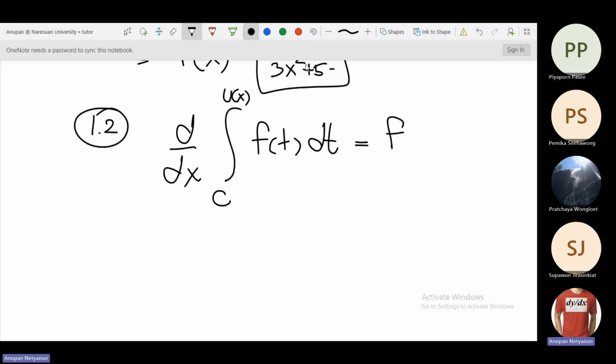You integrate, derivative, you get f back, but do the same thing, which is plug this into here, which is u of x. But you have to do more since this is not x, right? If you have x here, you just plug it in and then you are done. But this one is a function of x. After you plug it in, you have to multiply by du by dx.